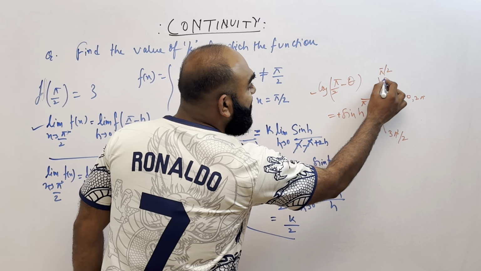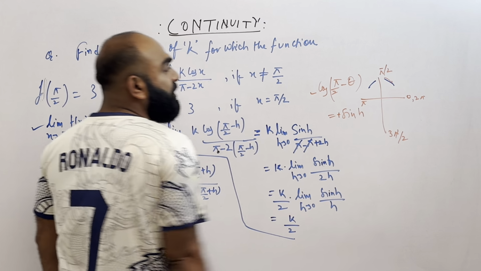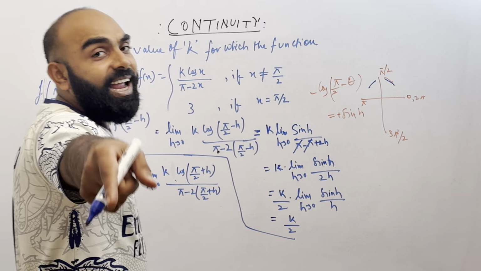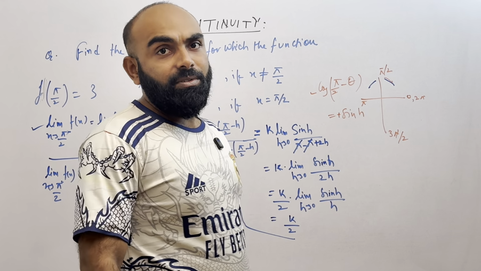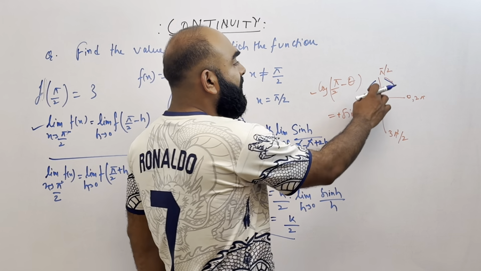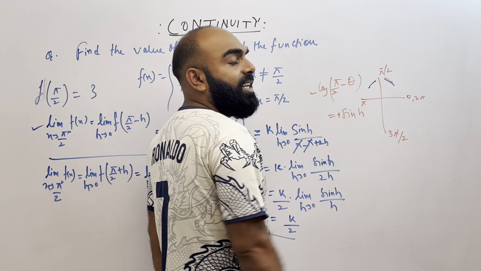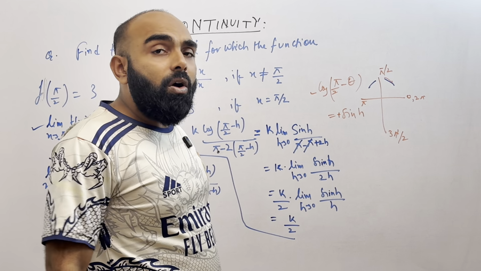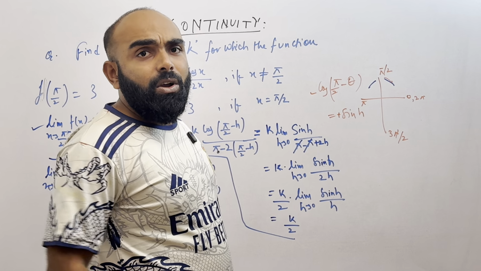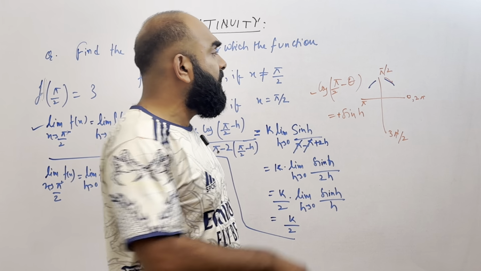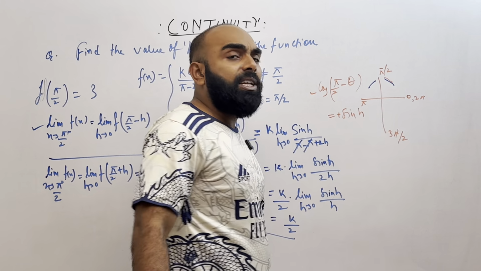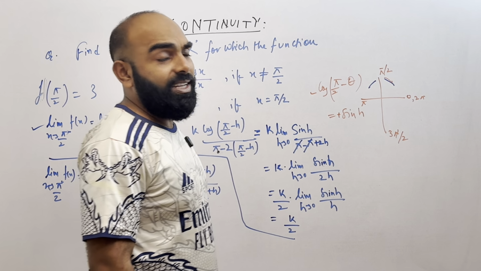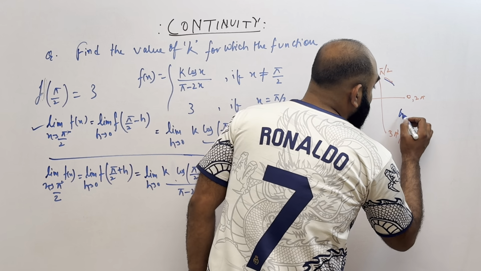Pi by 2 plus theta is the second quadrant, between pi by 2 and pi, where sine theta and cosec theta are positive, and cos theta is negative. Cos theta is positive only in the fourth quadrant, between 3 pi by 2 and 2 pi.